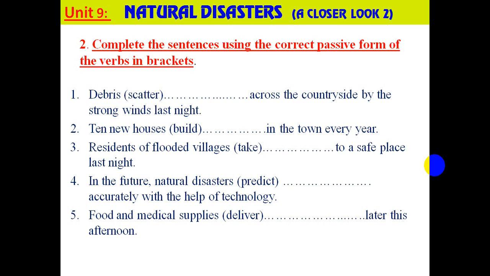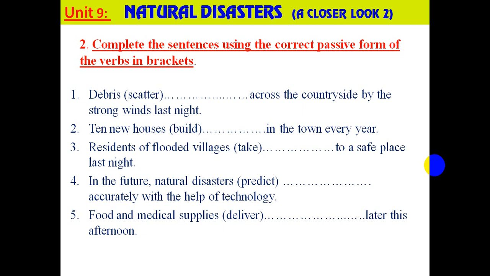Number 3. Residents of flooded villages take to the safe place last night. Number 4. In the future, natural disasters predict accurately with the help of technology. Number 5. Food and medical supplies delivered later this afternoon.